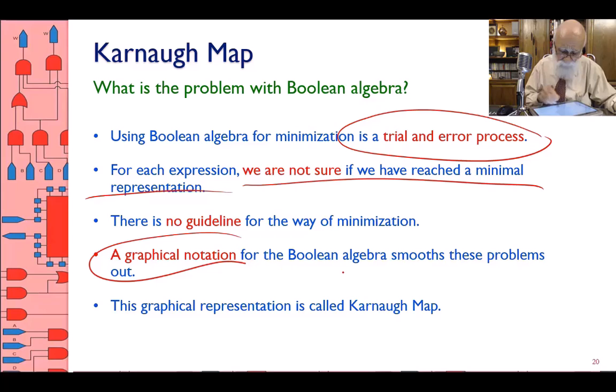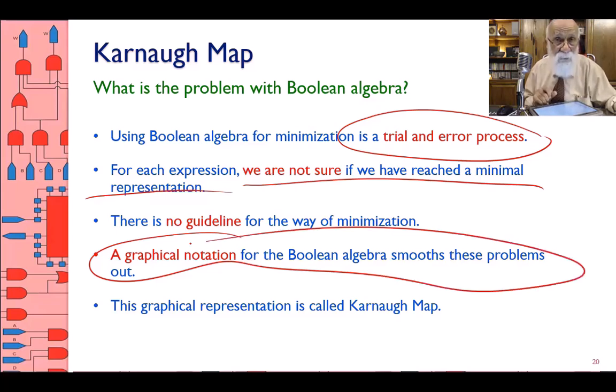And therefore, we need a graphical representation to smooth things out. And that graphical representation is called Karnaugh Map, named after a mathematician called Karnaugh. Unfortunately, I don't remember the year and the main reference off the top of my head right now.